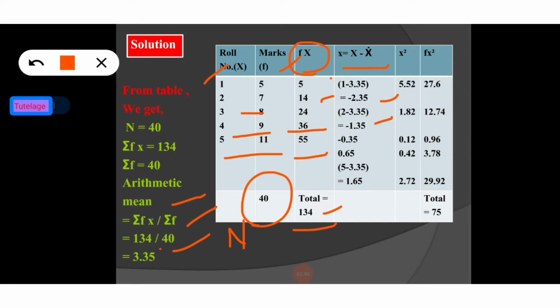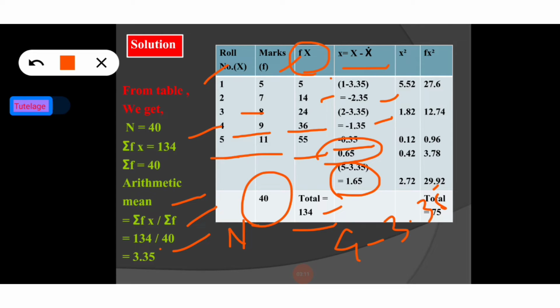Third one, 3 minus 3.35 is minus 0.35. The fourth one, 4 minus 3.35, is plus 0.65. And the fifth one, 5 minus 3.35, equals 1.65. Okay, so these are the deviation values according to the roll number of the students.